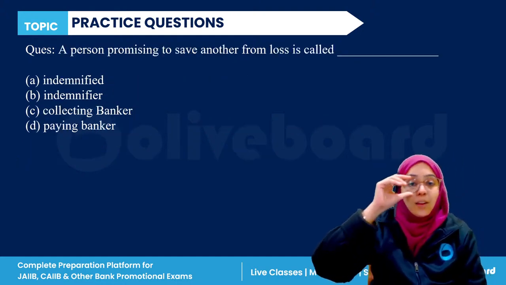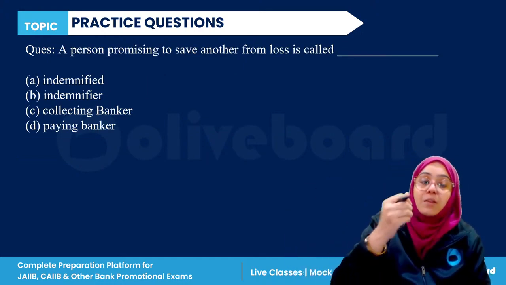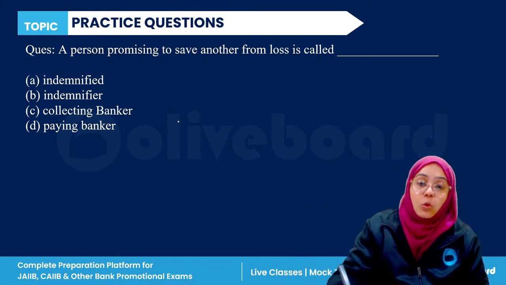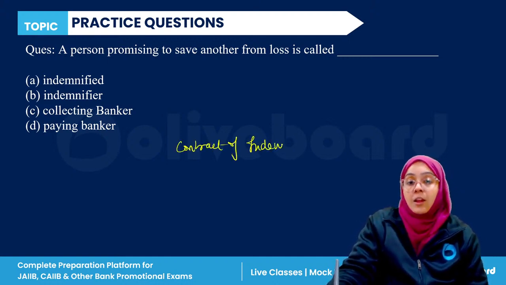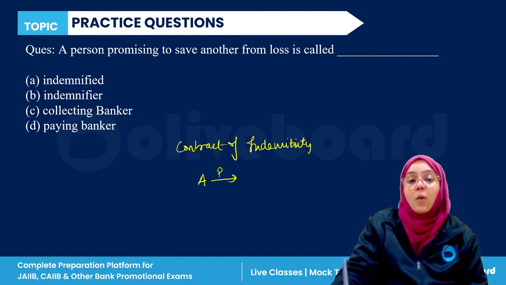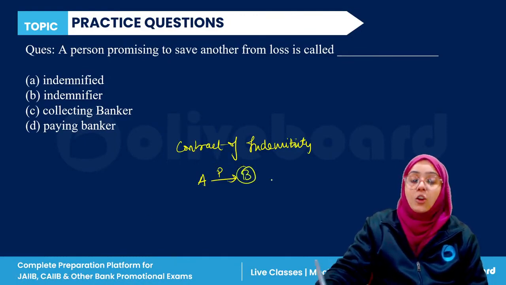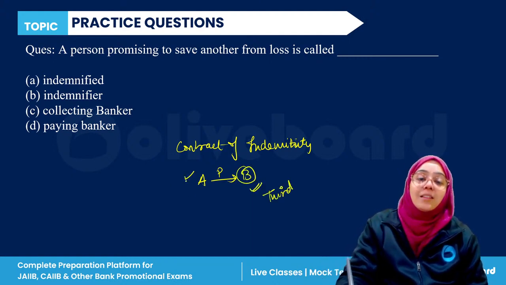Next question. A person promising to save another from loss is called indemnified, indemnifier, collecting banker, or paying banker. So there is a contract of indemnity. Very basic thing, I'm just telling you what a contract of indemnity is. In it, one party promises another party that if you suffer loss from any third party, this loss will be covered by this particular party.